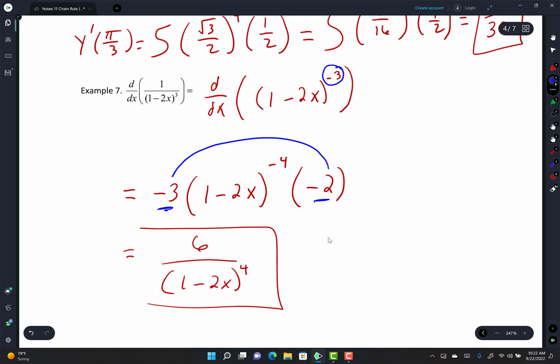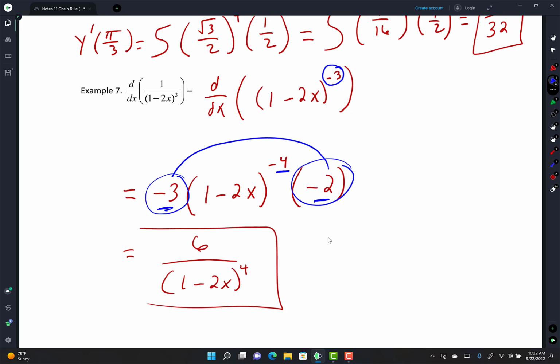I brought it down and subtracted an exponent. -3, 1 minus 2x to the power -4, -2, and I multiplied it. It stayed in the top, because this is the only thing that's going down into the denominator.